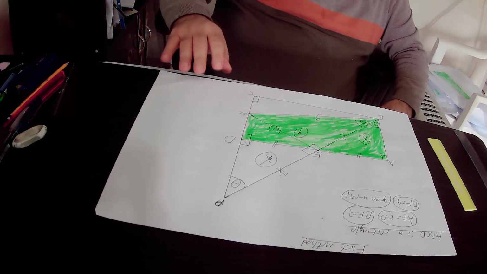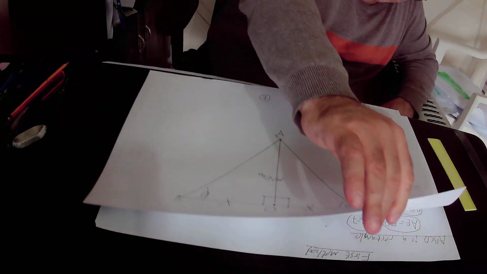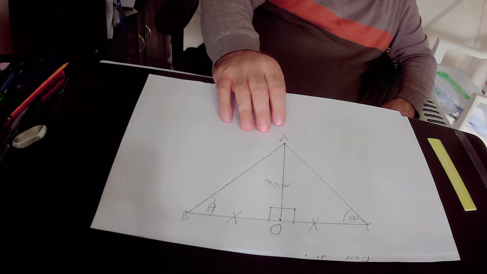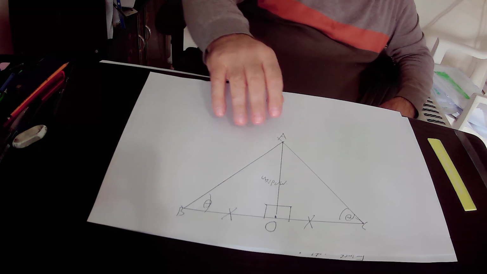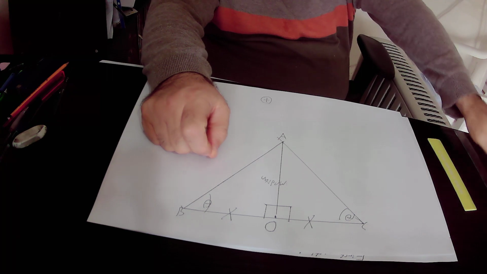If we have this triangle ABC, it is an isosceles triangle, but why? Because it has two angles that are equal to each other. Both those two angles are equal to theta.